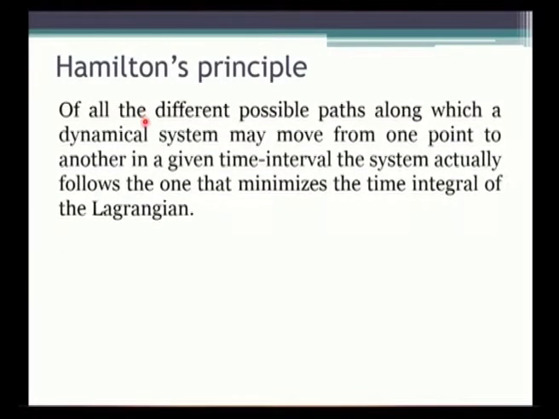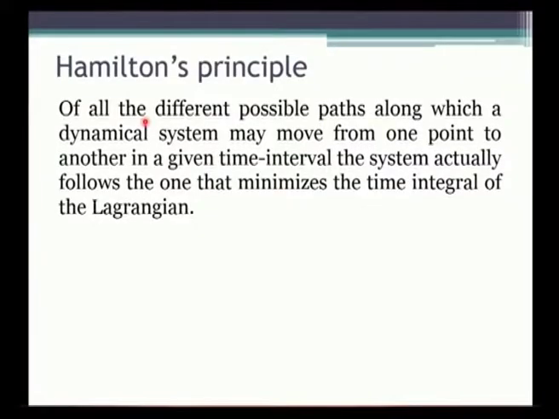Hamilton's principle. We know Hamilton's principle is about the principle of least action. For that, we need to imagine a bead sliding on a curve. The bead sliding on the curve will follow a smallest distance. The time taken to follow a smallest distance is called the Hamilton's principle.